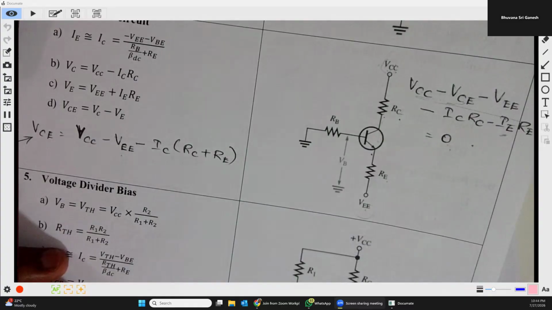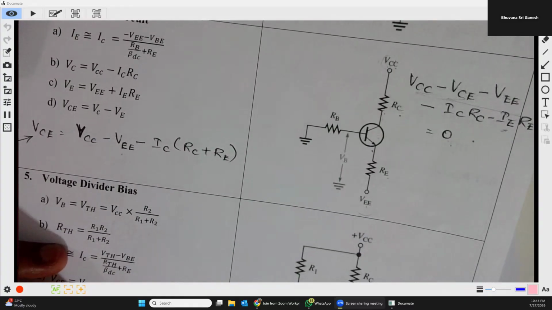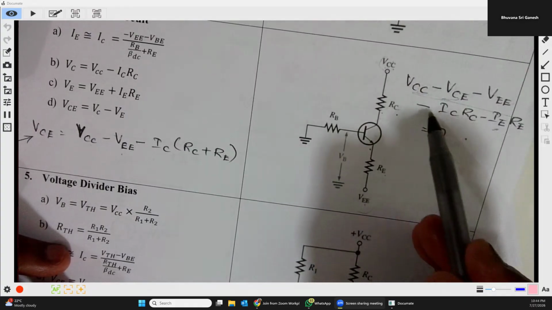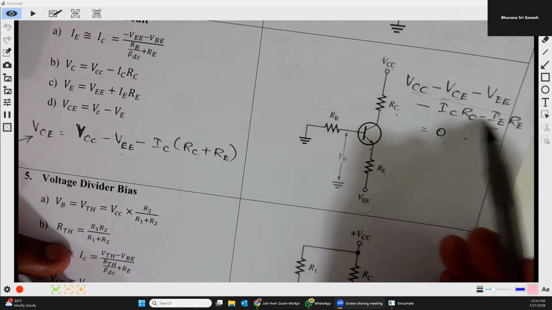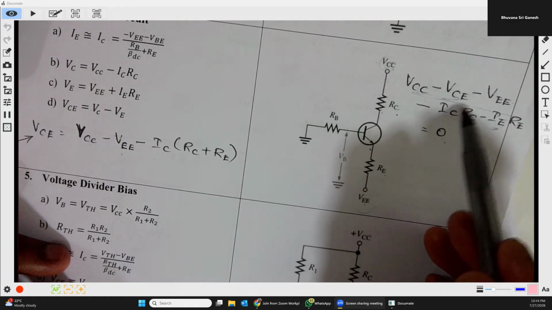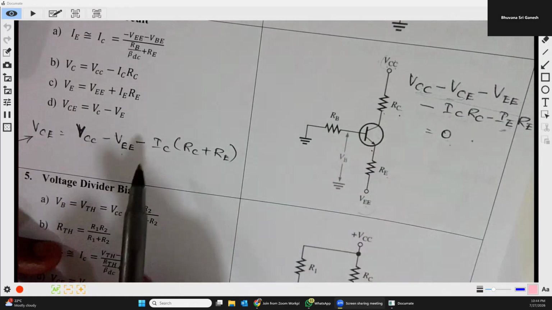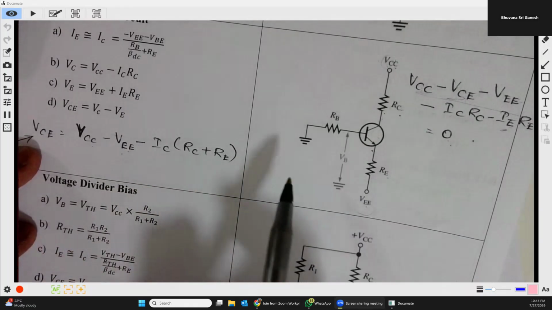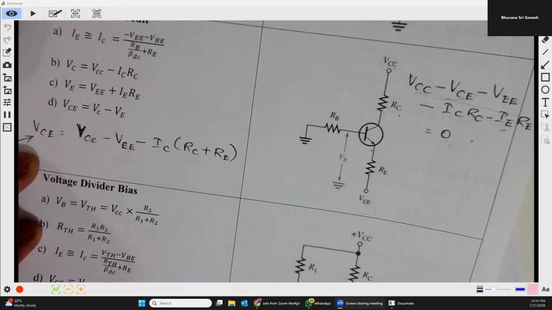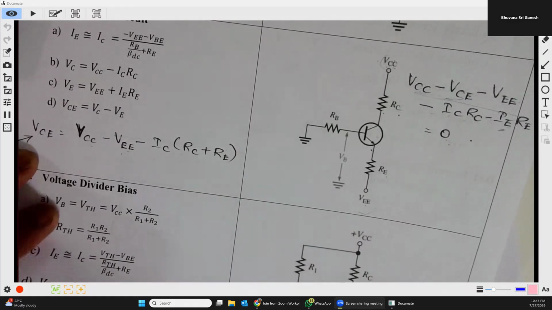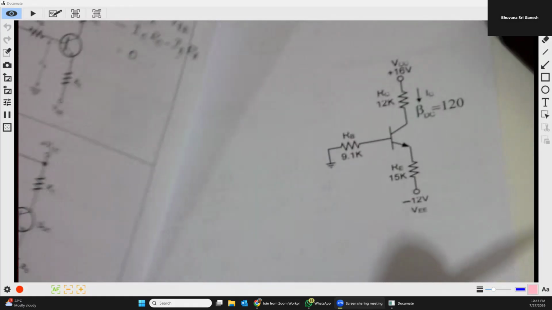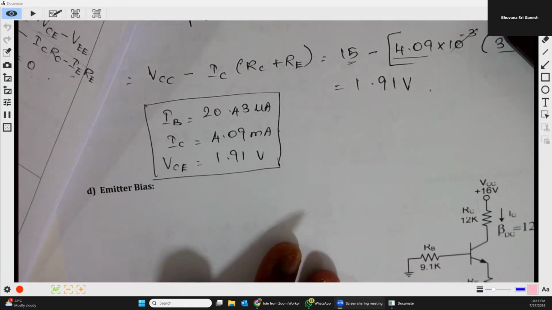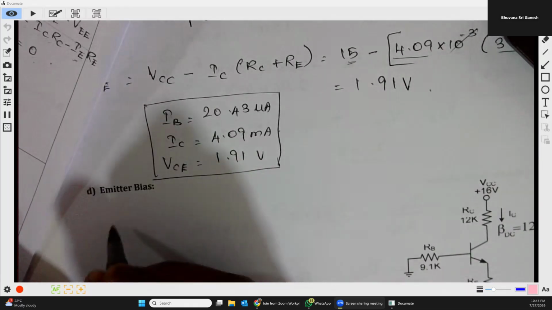So now if you want only VCE, it is VCC minus VEE minus IC times, IC and IE are the same, so minus IC times RC plus RE, right? So we have it here. Noted. And then use it for your calculation in this problem.